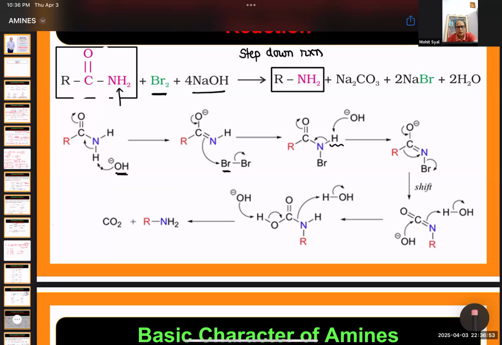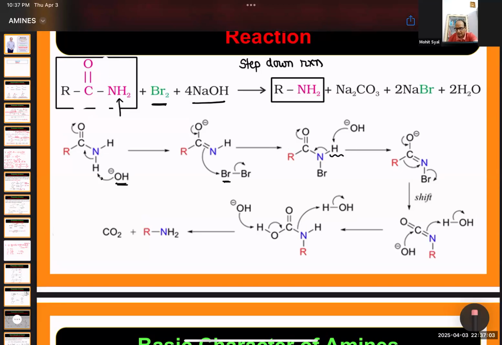So now you have the intermediate, which is an isocyanate.